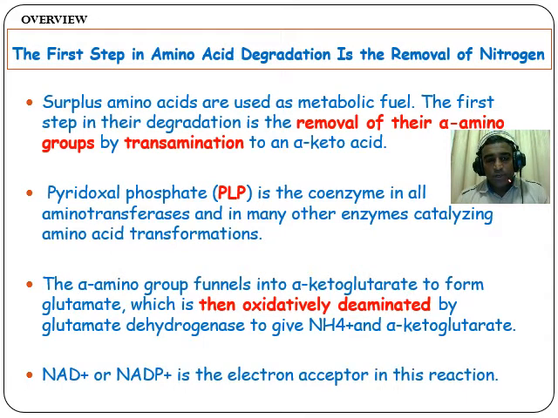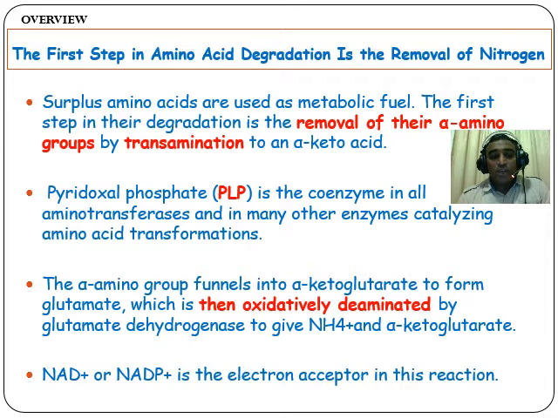So here we begin to understand the catabolism of free amino acid. Firstly, the amino group needs to be removed by a reaction referred to as transamination, done by aminotransferase. This aminotransferase has the coenzyme pyridoxal phosphate (PLP), which assists within the active site of aminotransferase in its reaction.